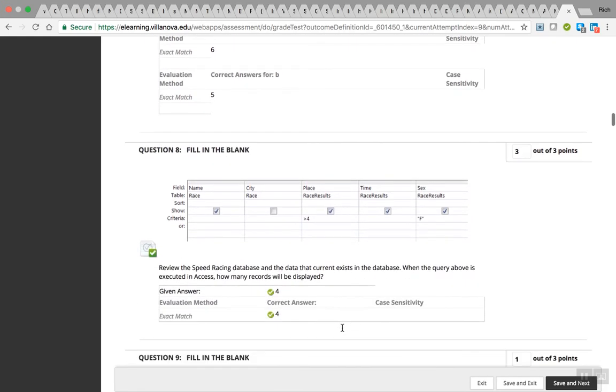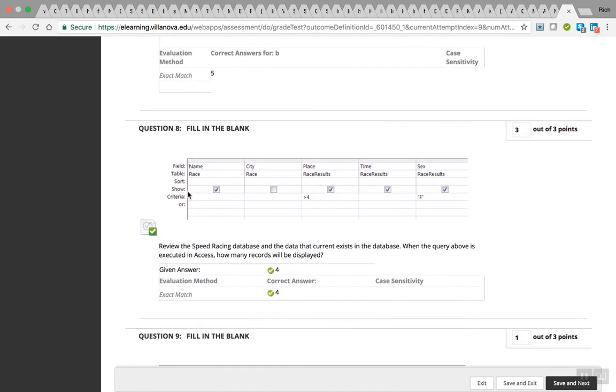That one's a little trickier. Let's look at this one here. We're going to match the race against the race results. We're going to return 1, 2, 3, 4 columns, when we return the city.